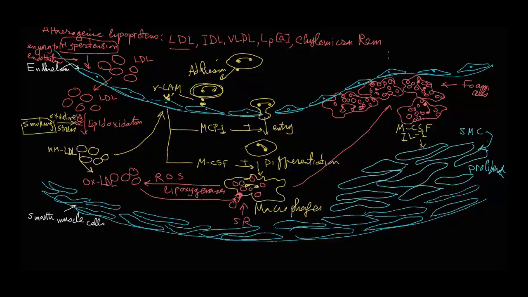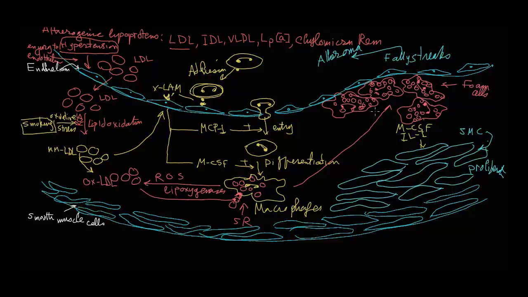Then fatty streaks may advance to more advanced lesions, which we variably call atheroma. Sometimes we call it atherosclerotic plaque, which could be stable or unstable, and it is variably called fibrous cap.